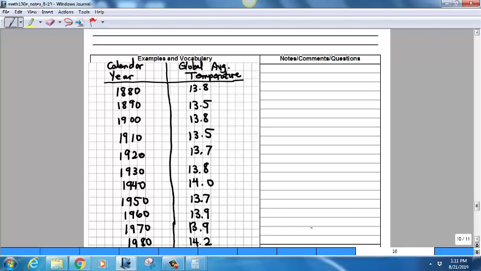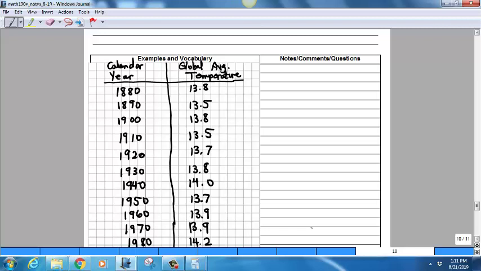Of course, the numbers are related to each other, because here we've observed the average global temperature, which in 2017 was 14.7, for different years. In fact, here's every 10 years since 1880, with the average global temperature given to us in centigrade. So this is called two-variable data because we have two related data values here.